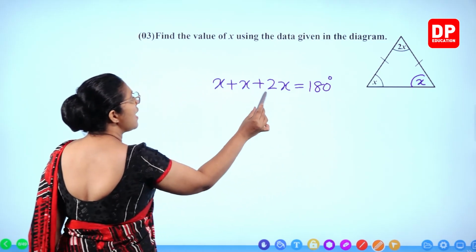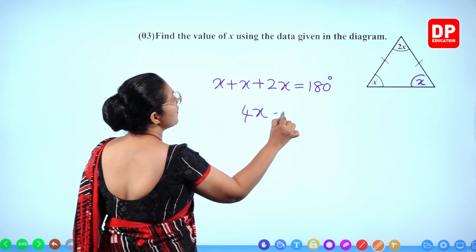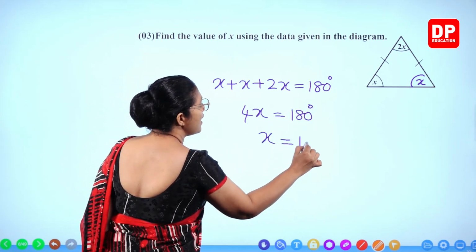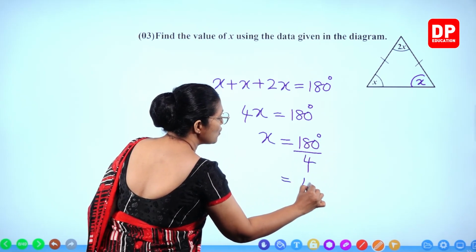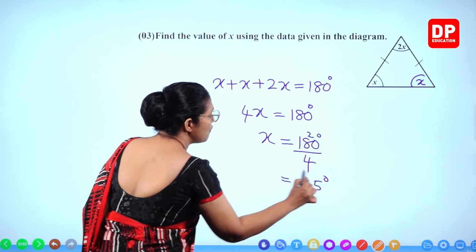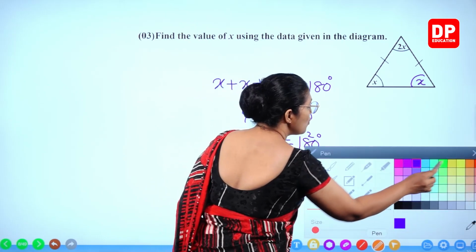Adding like terms, 1 and 1 and 2, 4x equals 180. So what is x? Divide 180 by 4. 4 times 4 is 16, 2 remaining, that's 5. 45 is the x value. So you get 2 marks for that.